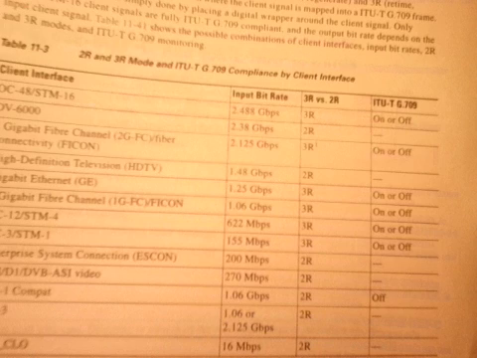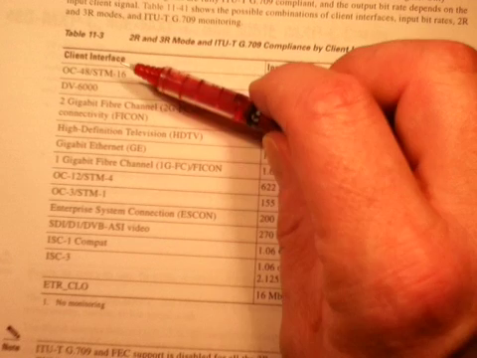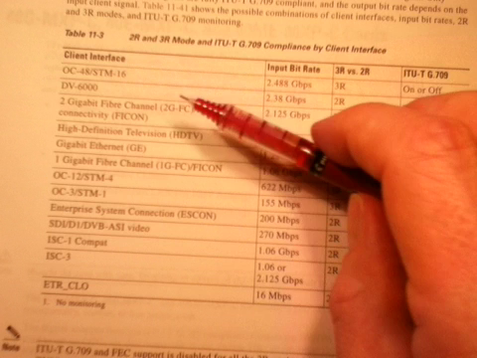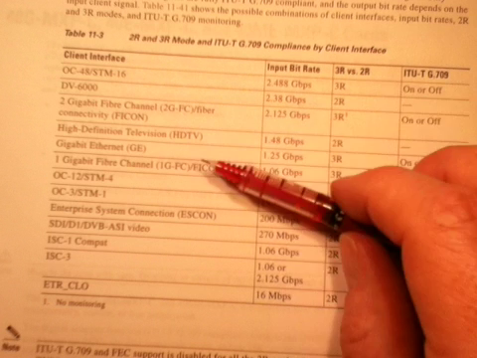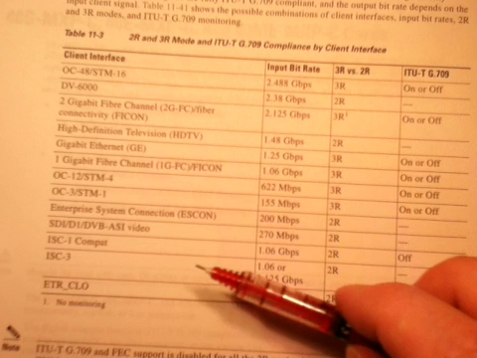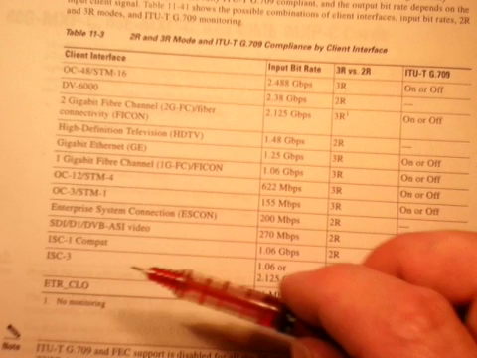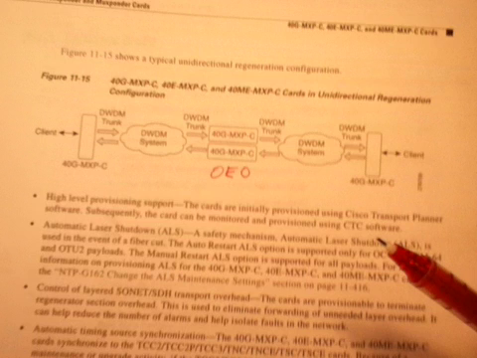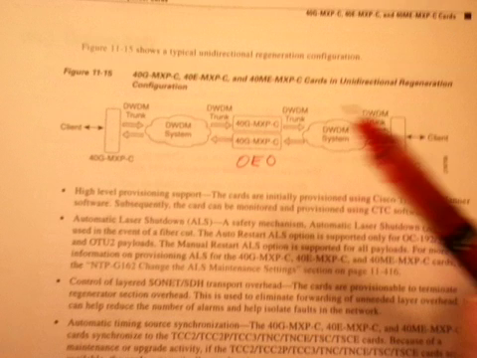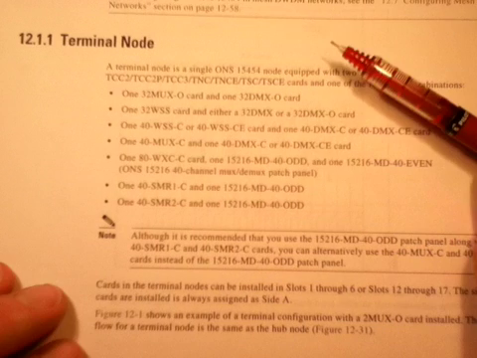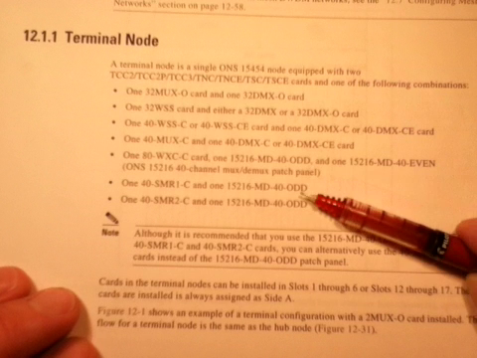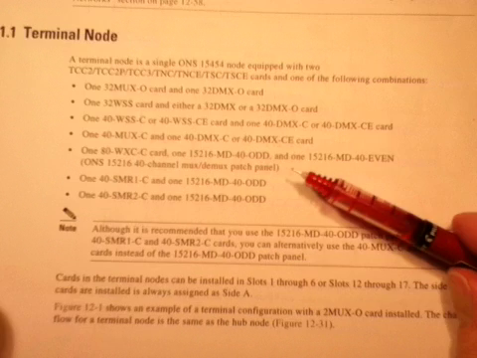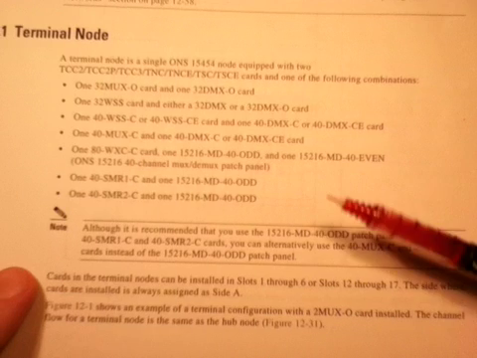Here's the list of client signals: OC48, digital video, gigabit fiber channel, gigabit Ethernet, OC12, OC3, some more video types. So a terminal node takes client-side signals and puts them onto the DWDM system, basically.